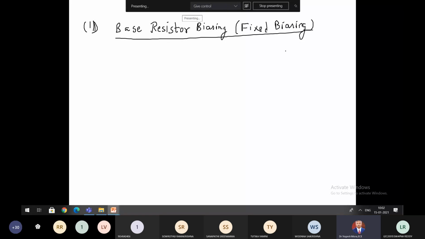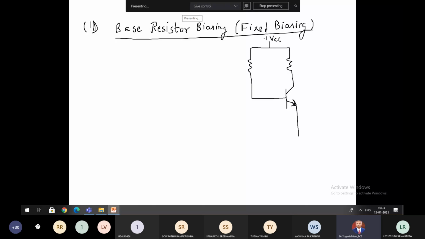Now the circuit diagram for this fixed biasing is like this. Here we will connect one battery VCC, right?